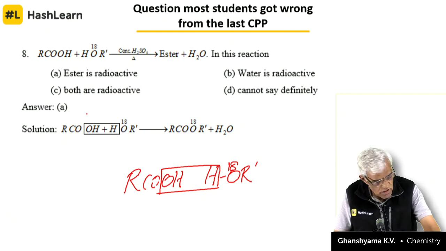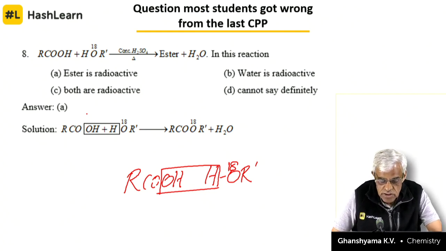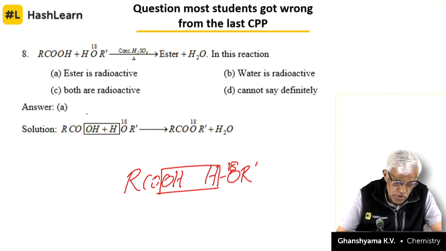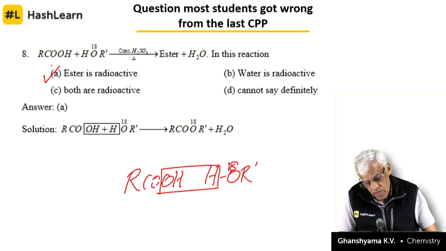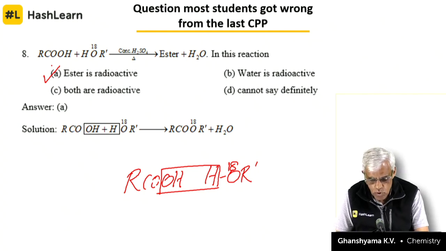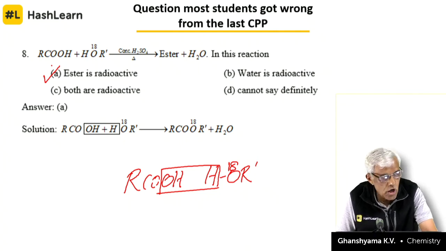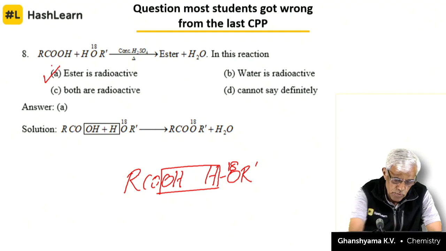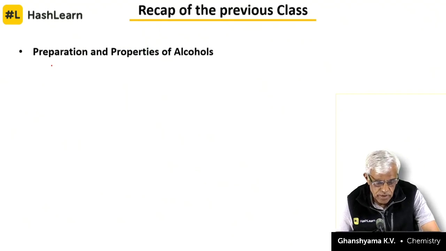Therefore, oxygen 18, the radioactive oxygen is present in the ester, hence ester is radioactive. The bond between O and H of alcohol is broken. Therefore, H of alcohol and OH of acid will form H2O. Therefore, ester is radioactive. Okay.